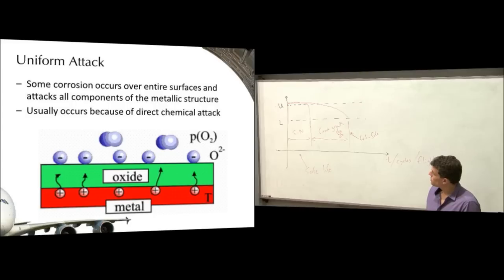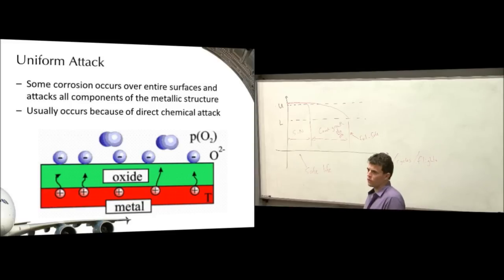Now, some materials, and aluminium luckily falls into this category, and it's one of the reasons it's quite good against corrosion, corrosion occurs evenly across the entire surface of the material. So aluminium, as soon as you take it out of the processing plant, will immediately start being corroded by oxygen in the environment, and it'll happen very, very quickly.